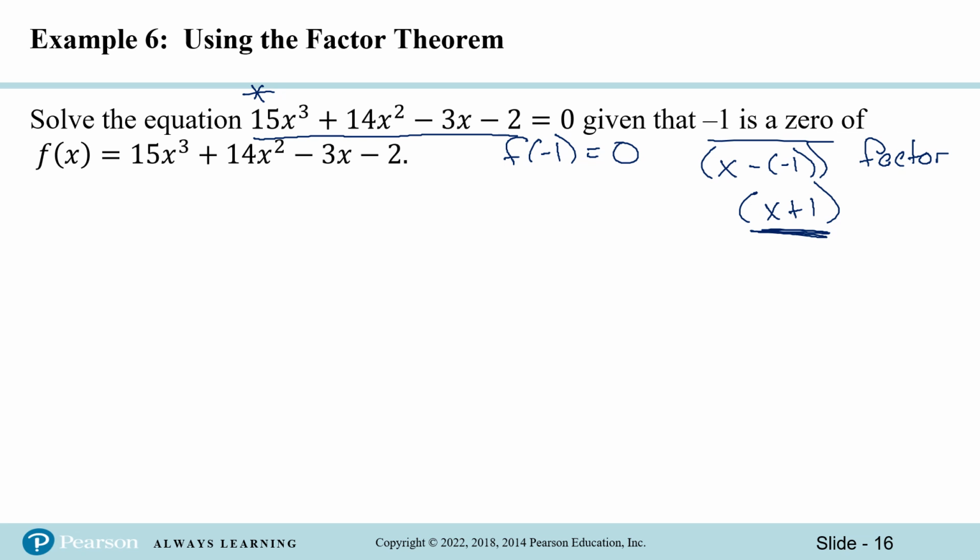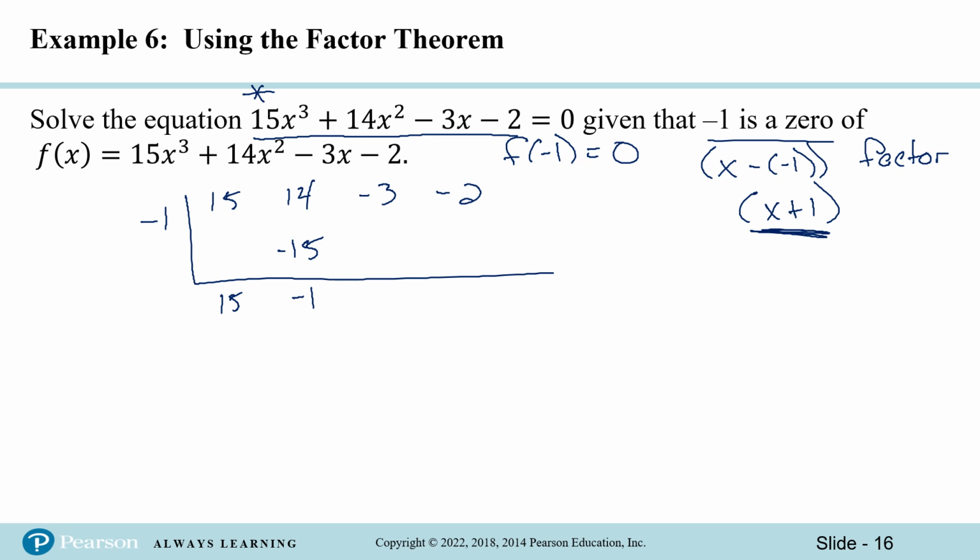I'm going to take my negative 1, 15, 14, negative 3, negative 2. I'm going to drop my 15 and multiply, and then add, and then multiply, and then add and multiply, and then add, and I did indeed have a remainder of 0.